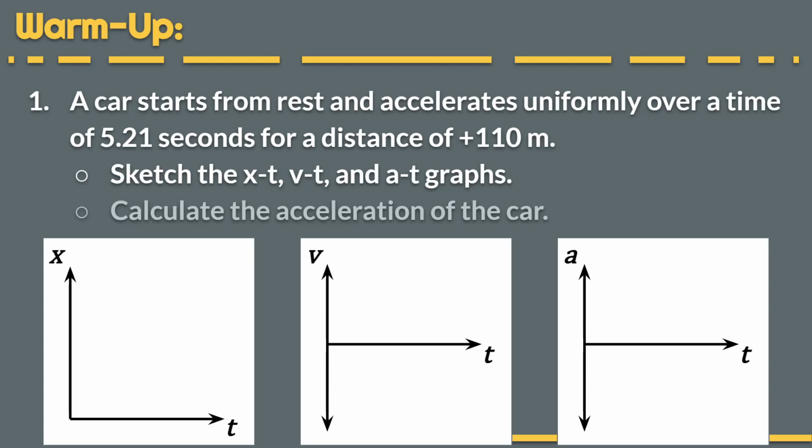Okay, on an x-t graph, and again, if you have paper out and you don't remember these rules, you probably ought to write it down. But on an x-t graph, if you want to show forward motion, that means you need to have a positive slope. Okay, so my x-t graph needs to have a positive slope to it.